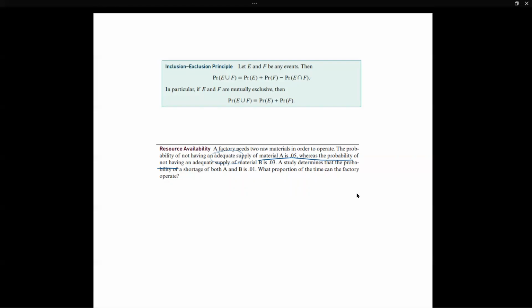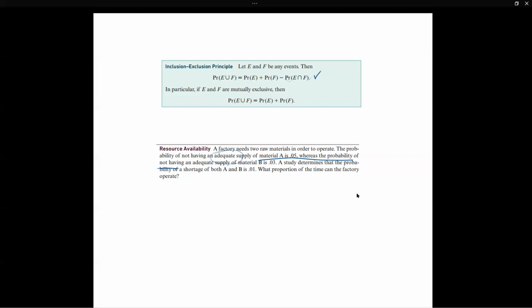It's zero, right? And we saw that with sets. If the two sets are disjoint, they have no common elements, then the intersection is zero.